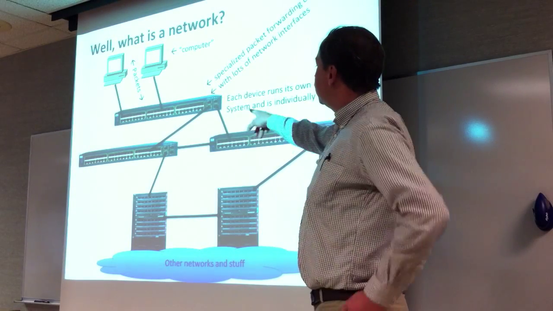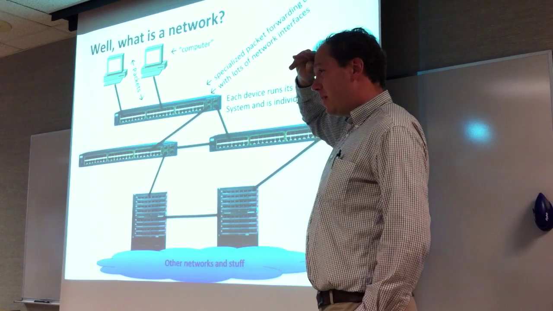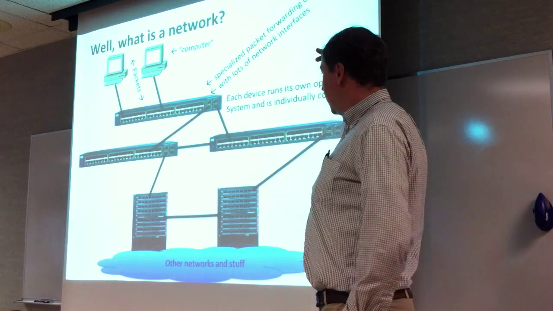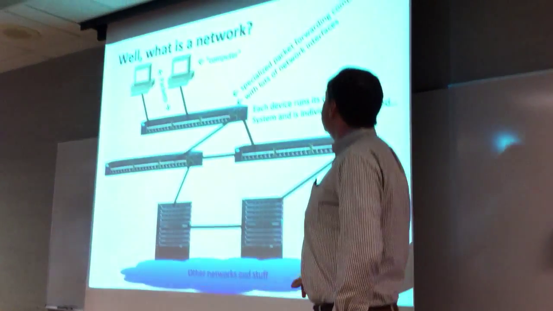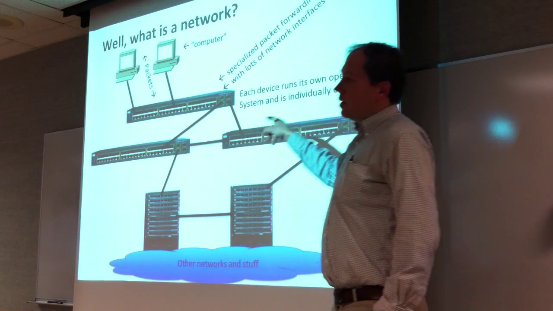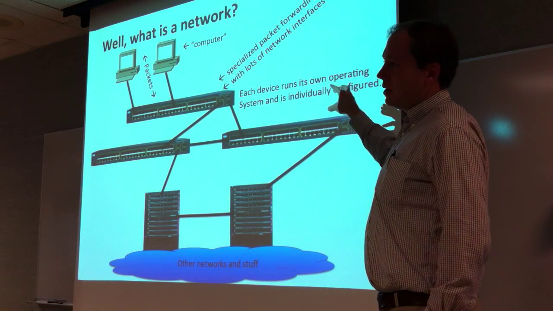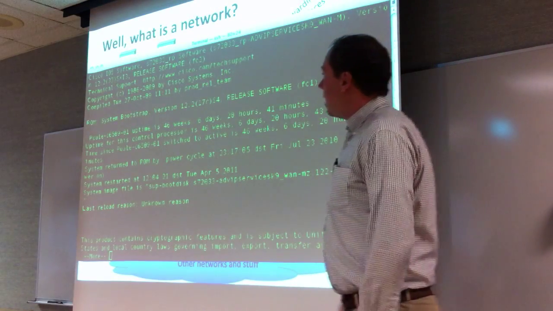Every one of these things, and Joe told me we've got, what, 2,500 or so devices on the Clemson campus that my group is responsible for maintaining. Every single one of these things runs an operating system, and every single one of these things is individually hand configured. This is an operating system.